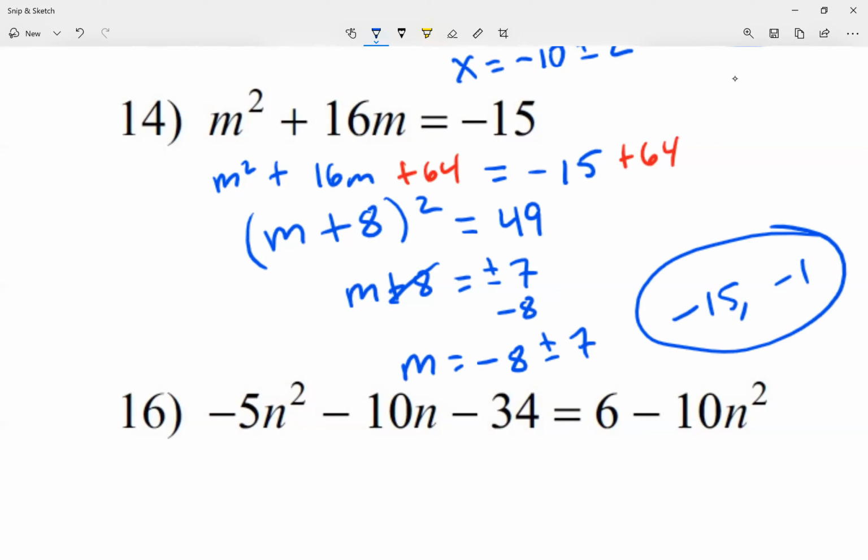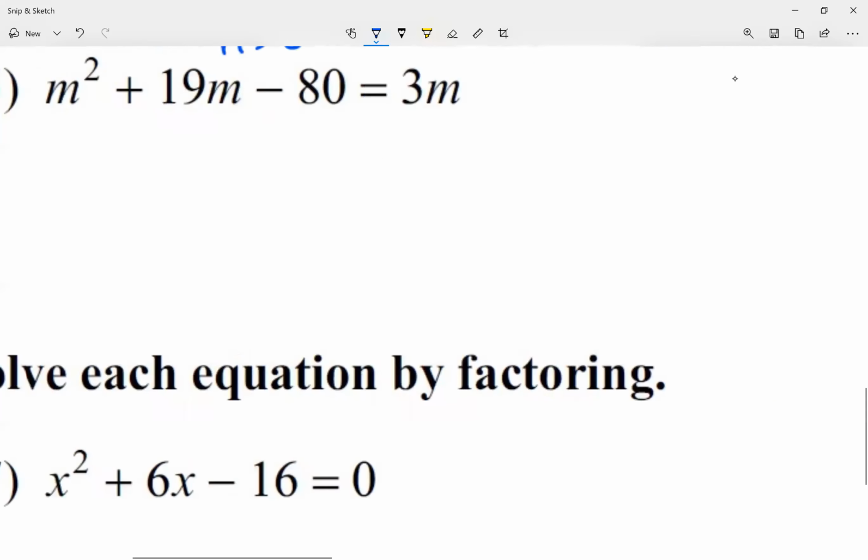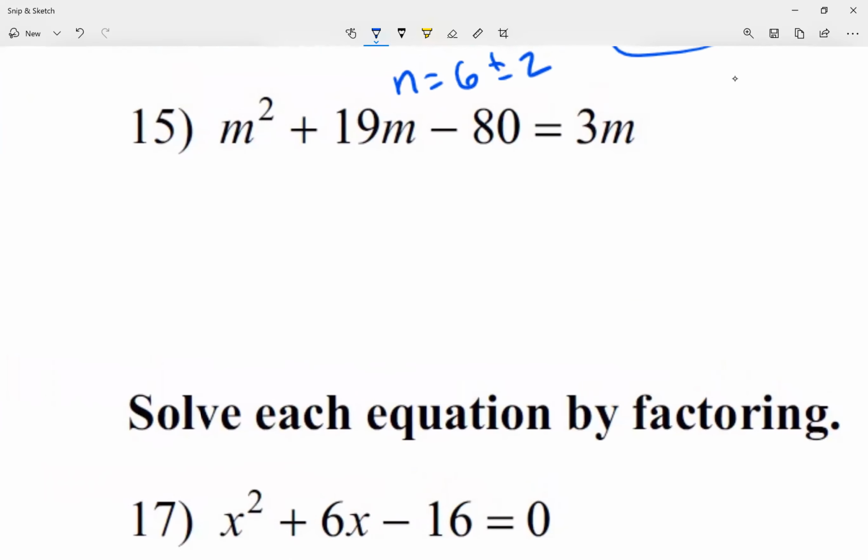Same idea. Let me take a look at 15 and 16. What if I start throwing in more terms? I want everything that has the letter on the left side, everything that doesn't on the right side. So my -80, let me move it over as a +80. My 3m, let me move it to the left side as a -3m.